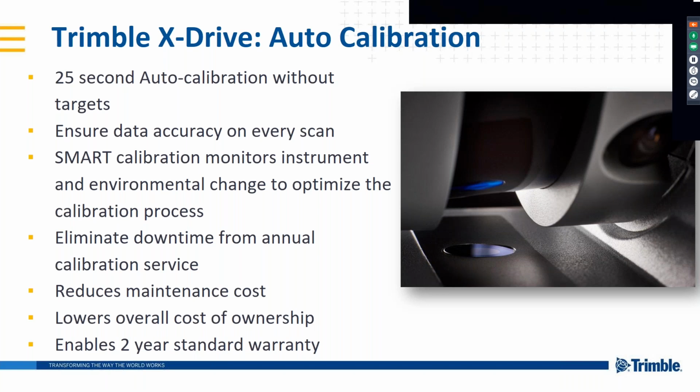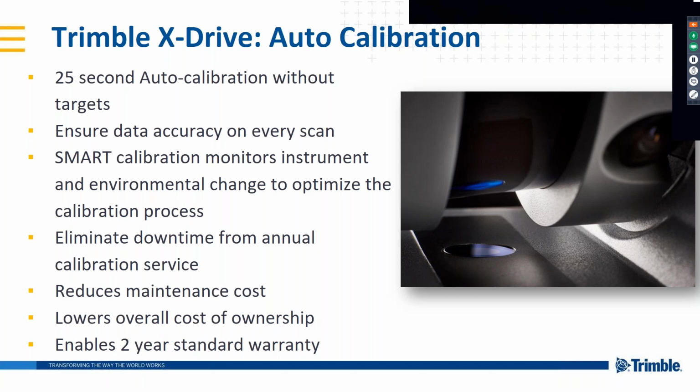Whenever the scanner or total station is turned on, these values are applied in order to meet the specification of the system. However, one of the reasons you have to send it back once a year is that over time these values might drift. So you have to take them back and go through this again and again to meet that specification.